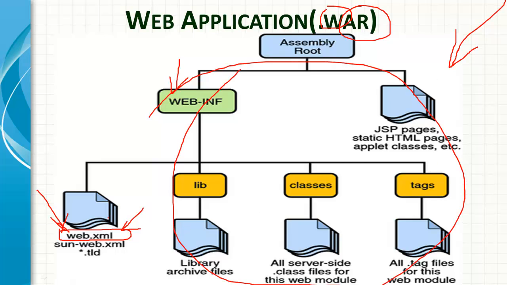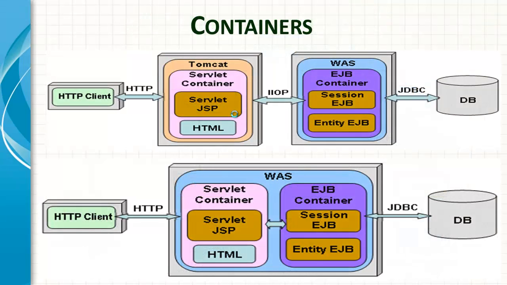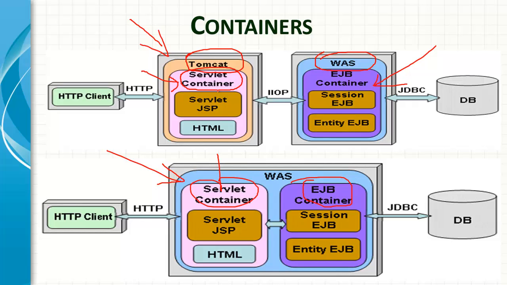So this web deployment descriptor gives the details of all the servlets that this web application needs the servlet container to manage. And to serve those servlets, you have different artifacts: artifacts like JSPs, dependencies and libraries, the .jar files, the different classes that you have written for your application, and the tag libraries. So these are the requirements for any web application to work under the servlet container.